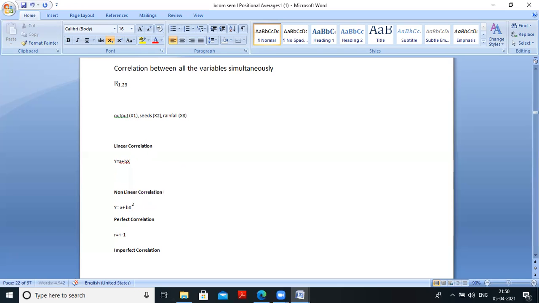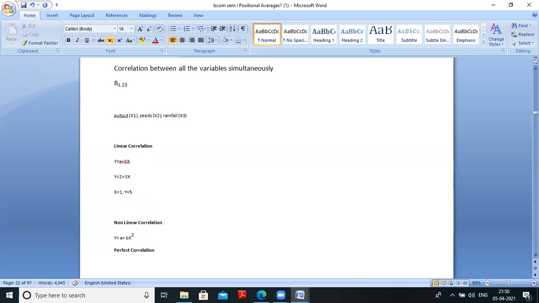Suppose I take it like Y is equal to 2 plus 3x, right? Here, if I take the value of x as 1, then y will be 5.